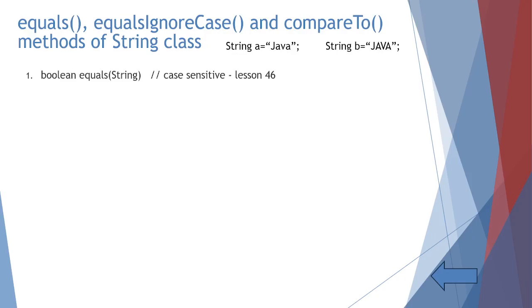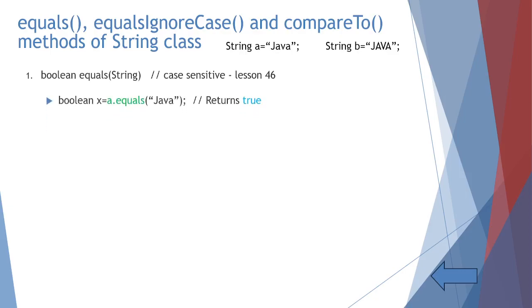By looking at the method header only, we understand equals is the method, String is the parameter, and it returns boolean. All of them are instance methods. So A.equals(B), something like that we have to call. This equals method is case sensitive.